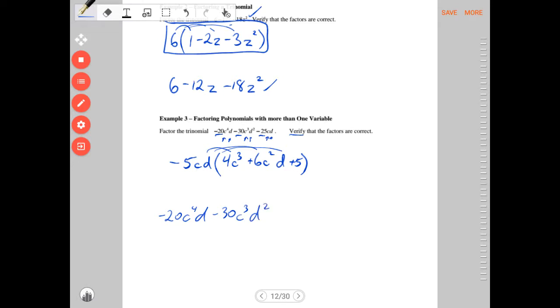And then positive 5 times negative 5 is negative 25. There's no more c's, so it just strings along, and there's no d's over here either, so it just strings along. So negative 20 c to the 4th d minus 30 c cubed d squared minus 25 cd. Hey, that is the original question. So we have verified, which means that this really is our correct answer. Awesome.